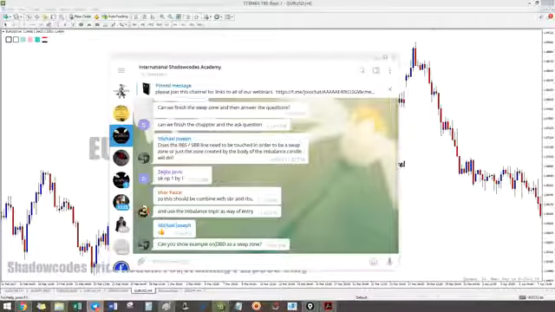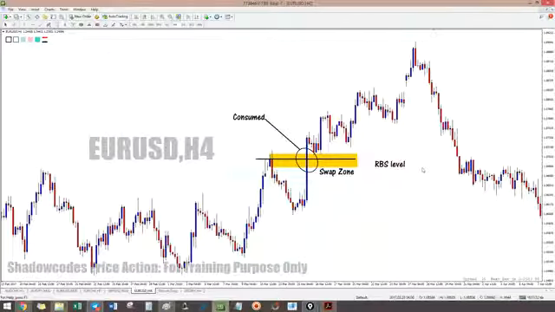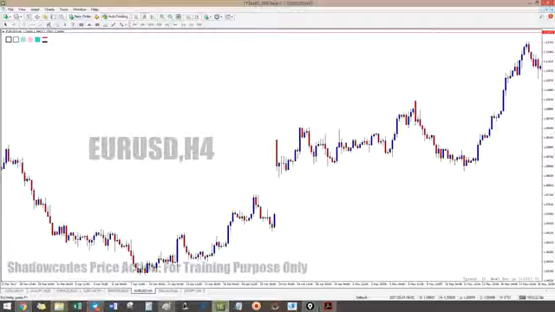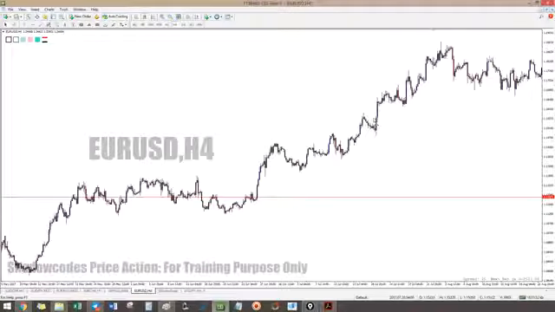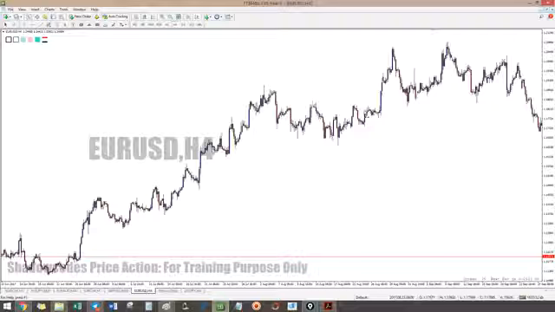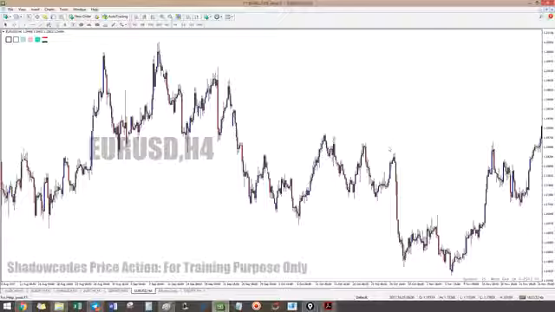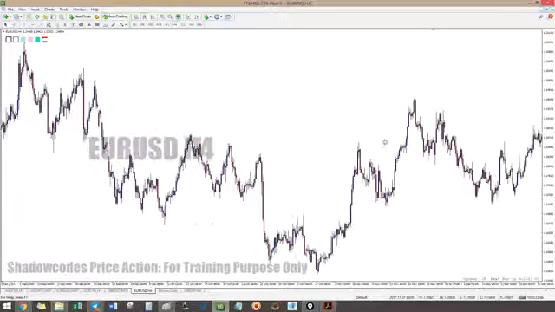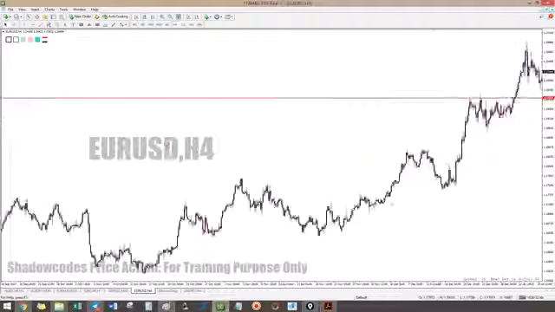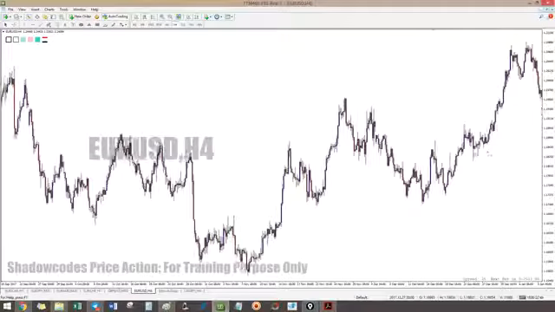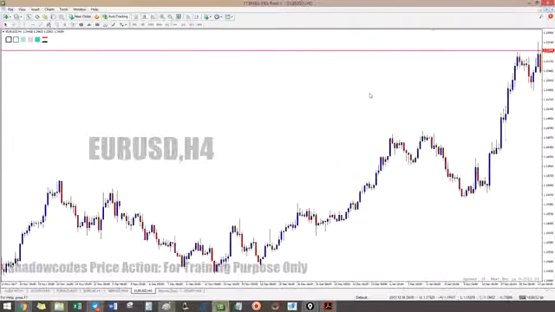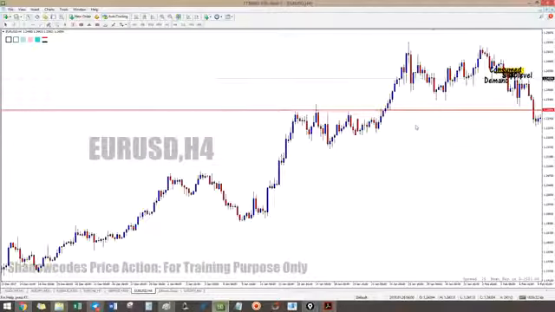Can you show an example of drop base drop as a swap zone? Drop base drop as a swap zone. Let me check. Where is it? I saw it earlier.